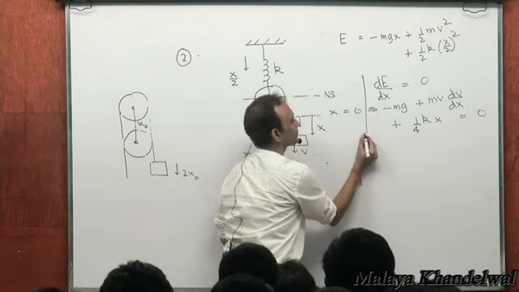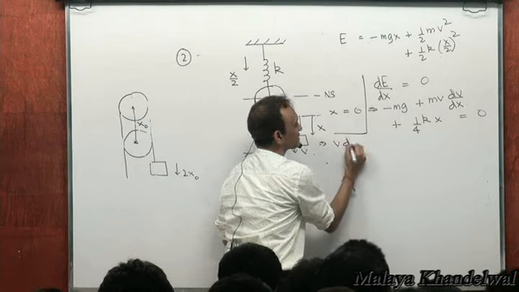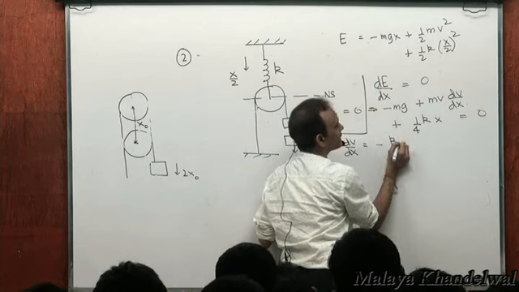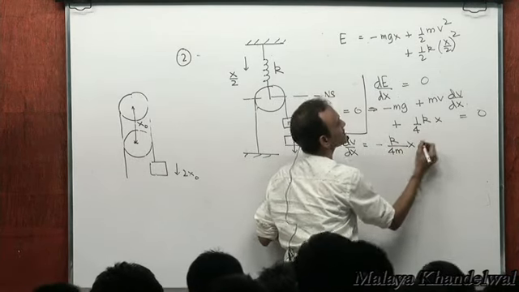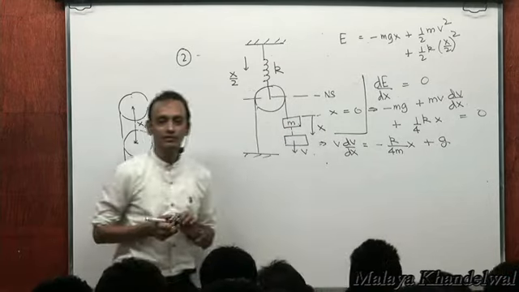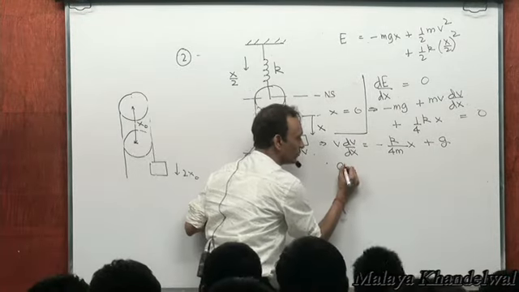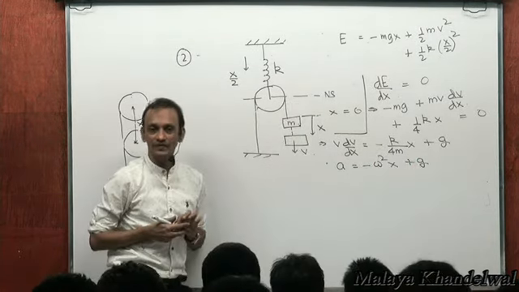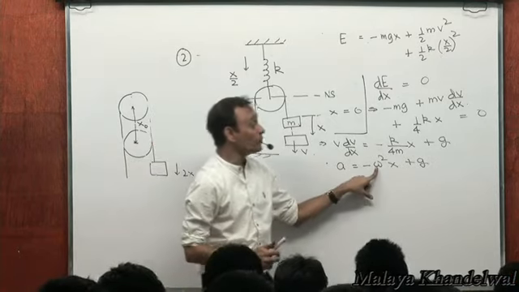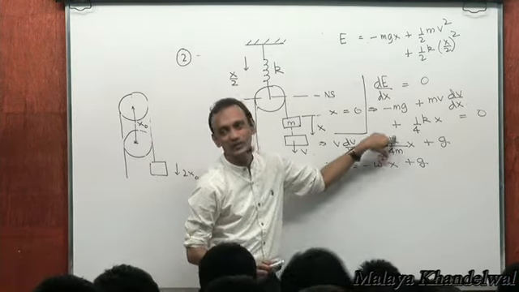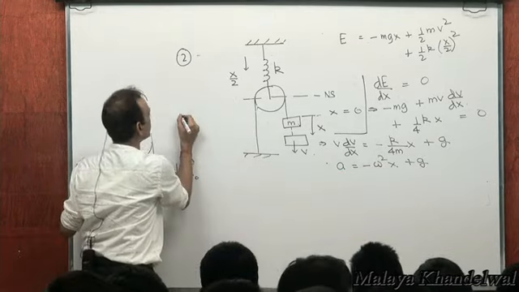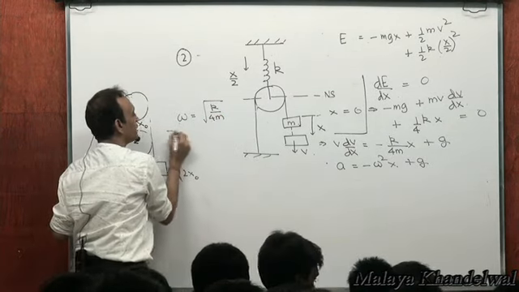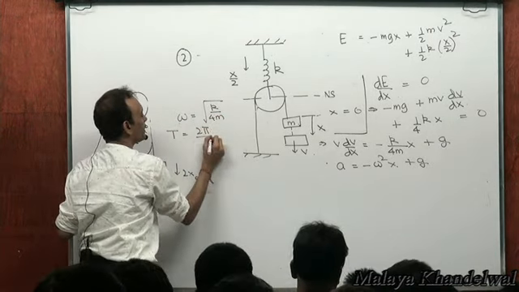So this gives me v dv dx as minus k by 4m x plus g. So we again have a equal to minus omega squared x plus g. Motion must be simple harmonic with omega squared being k by 4m. So the angular frequency of oscillation of this would be root k by 4m. What would be the time period? Time period would be 2 pi by omega.